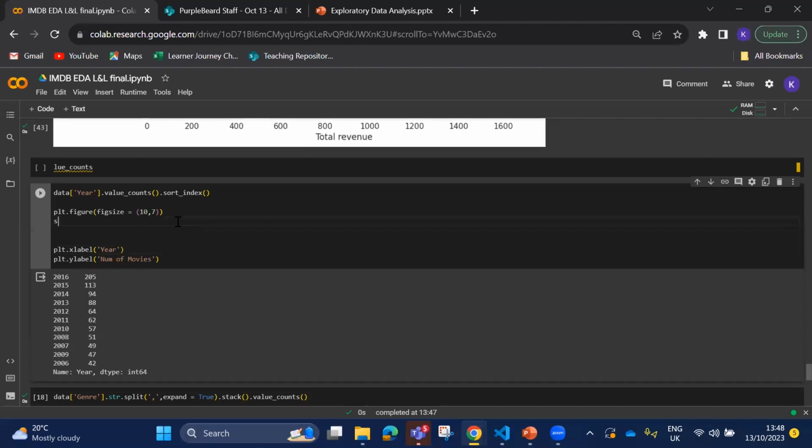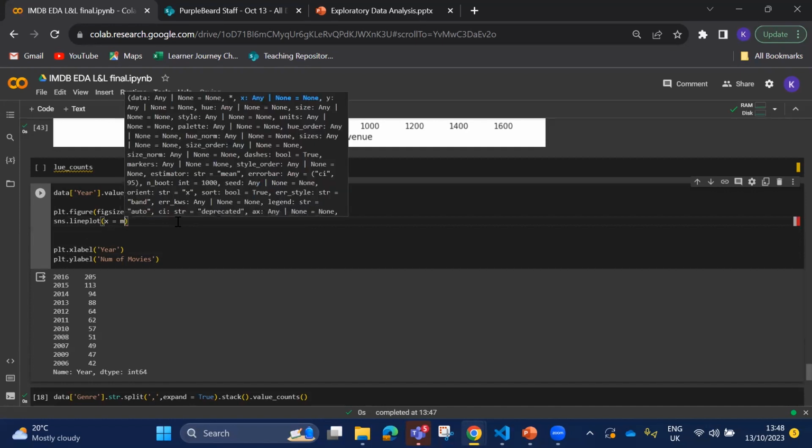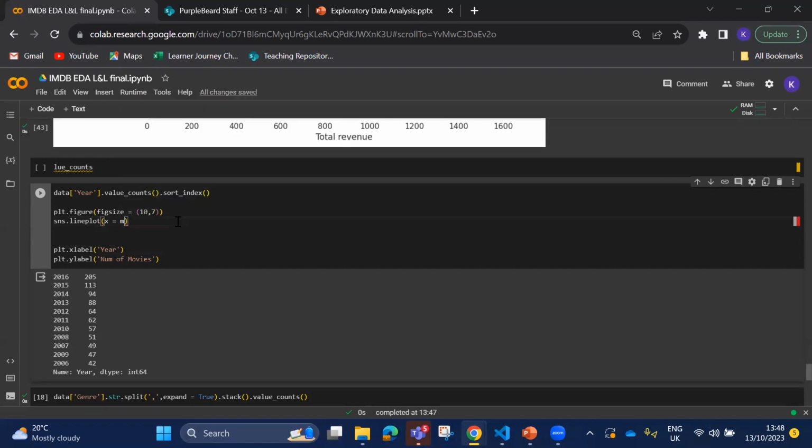Let's say sns dot line plot. I have to save this though, let's say M, just for now. So I'm going to do M dot index, then Y equal to M dot values.